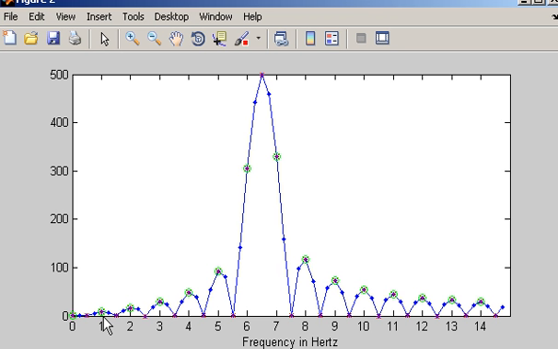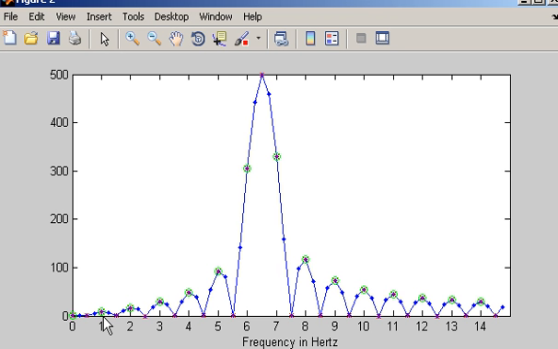Then every DFT of a lower frequency resolution, in other words every DFT obtained by zero padding by small amounts, can be thought of as a sampled version of that infinitely high resolution DFT. That infinitely high resolution DFT is essentially what's known as the discrete time Fourier transform, or the DTFT.